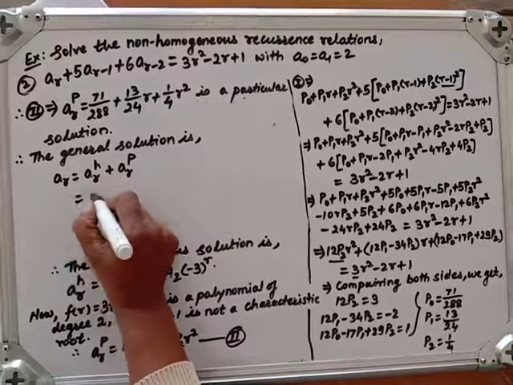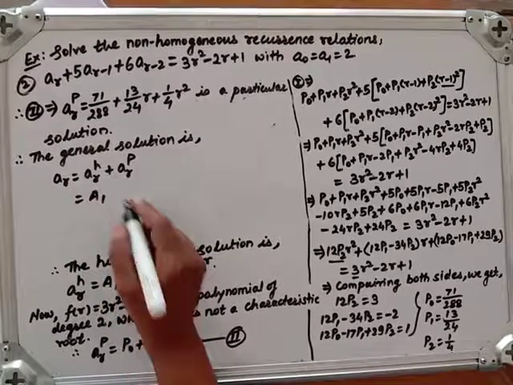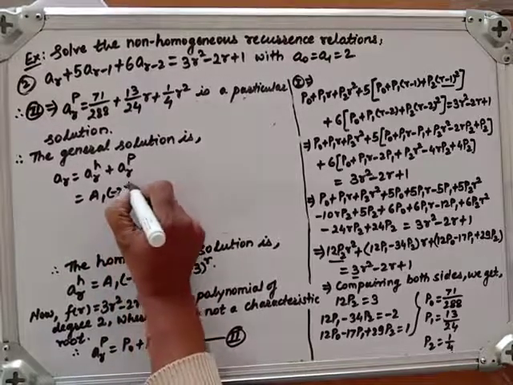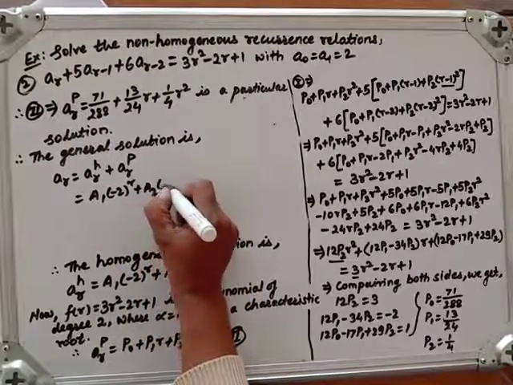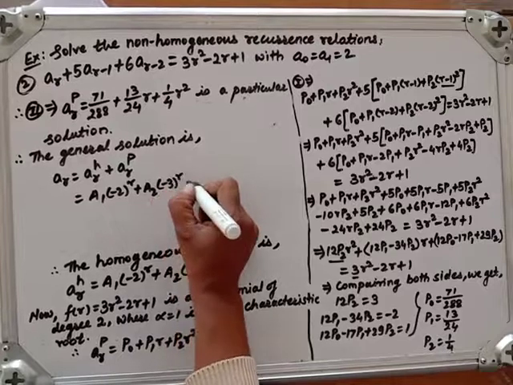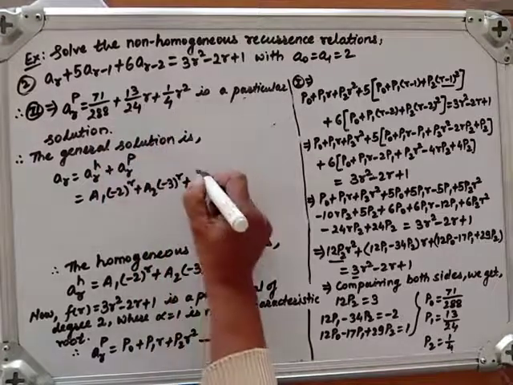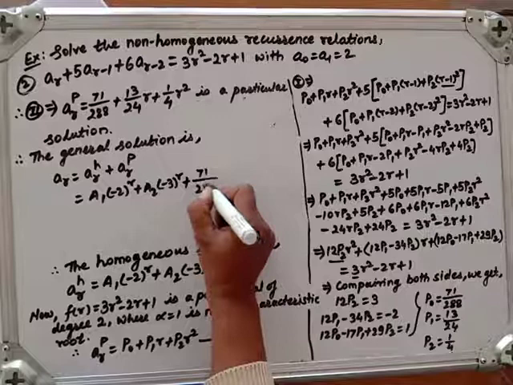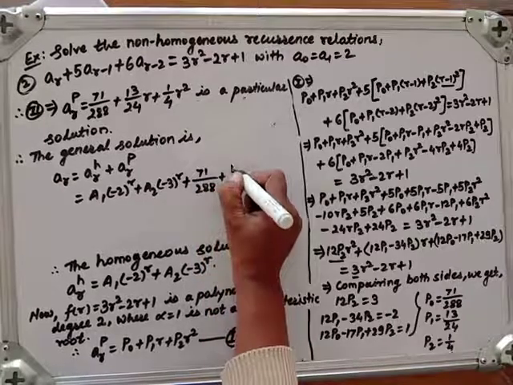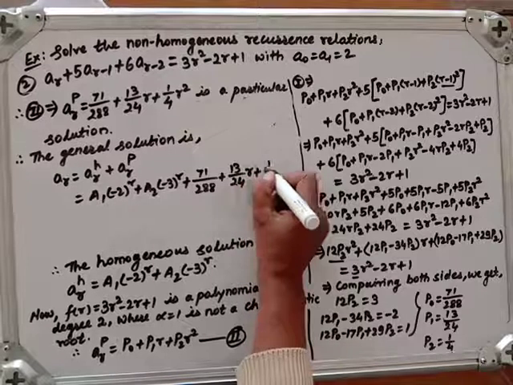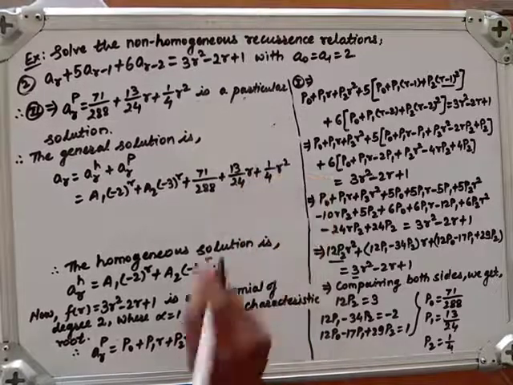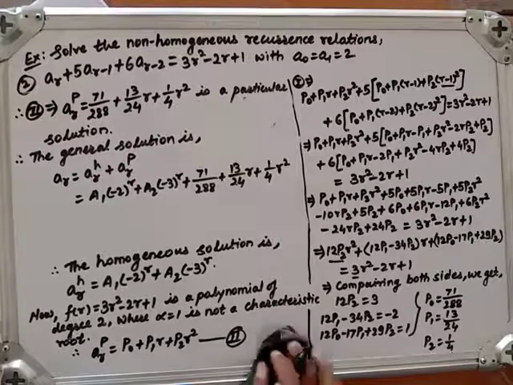So it is A1 into minus 2 raised to R plus A2 into minus 3 raised to R plus 71 upon 288 plus 13 upon 24 R plus 1 by 4 R squared. This is the general solution.